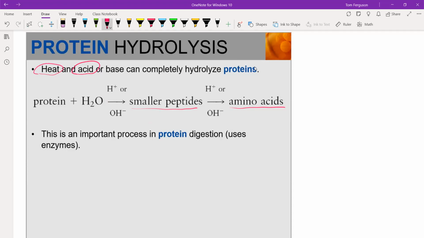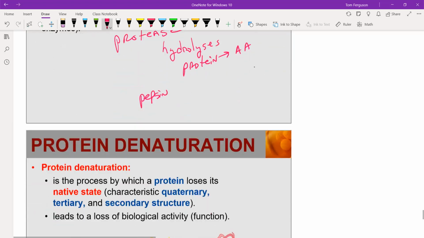Okay, and in your stomach, that enzyme is called the protease, which breaks proteins into amino acids. You've probably heard of pepsin. That's a common protease, but the generic name for enzymes that hydrolyze proteins is protease.